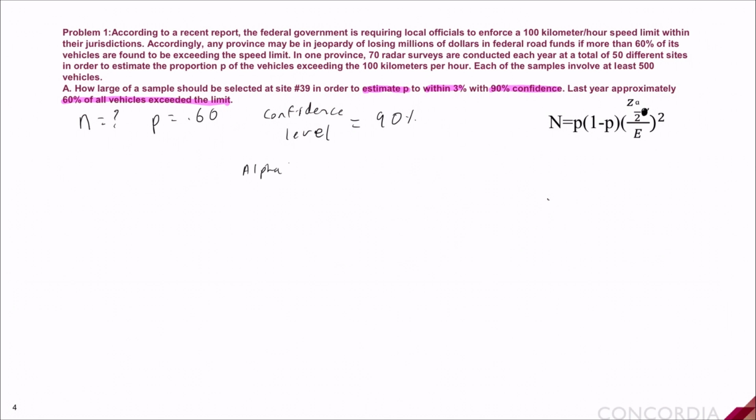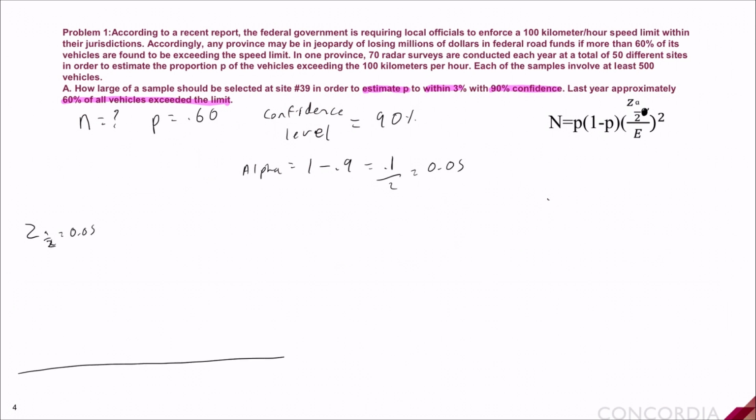Alpha is equal to 1 minus 0.9, which gives us 0.1. The formula is asking us to divide it by 2, so we're going to divide the 0.1 by 2, giving us 0.05. And we're going to have to find a z-score equivalent to an alpha over 2 equal to 0.05.